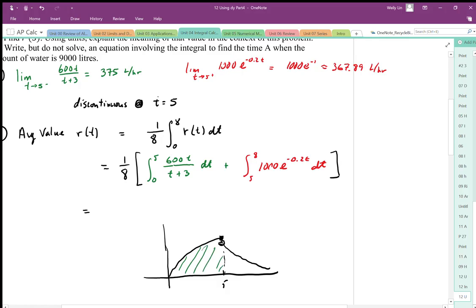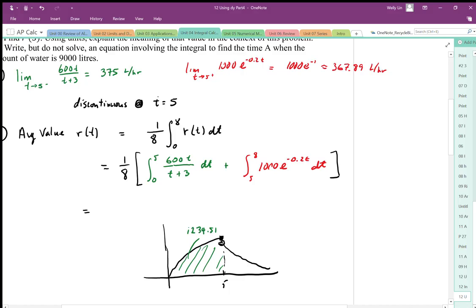When I integrate, I need to use the integral function on my calculator. I'm going to integrate from 0 to 5. And when I do that, I get an area of 1,234.51. That is in liters because the rate times time gives liters.